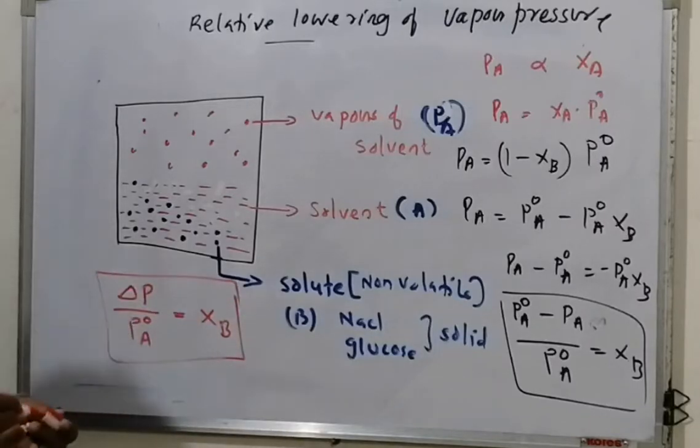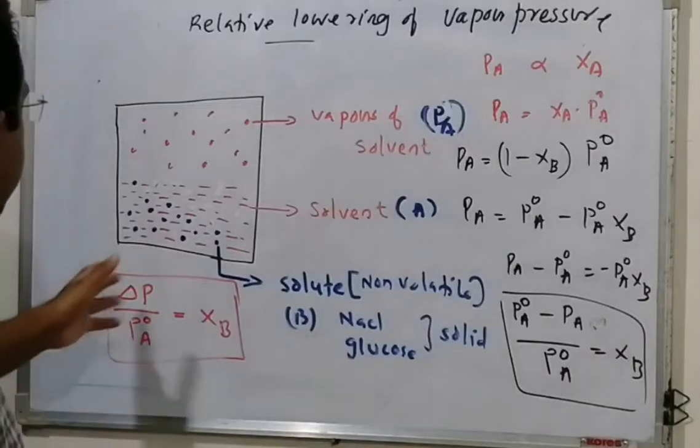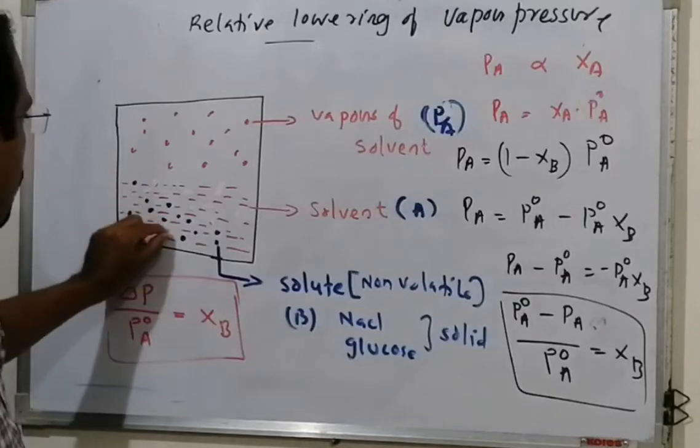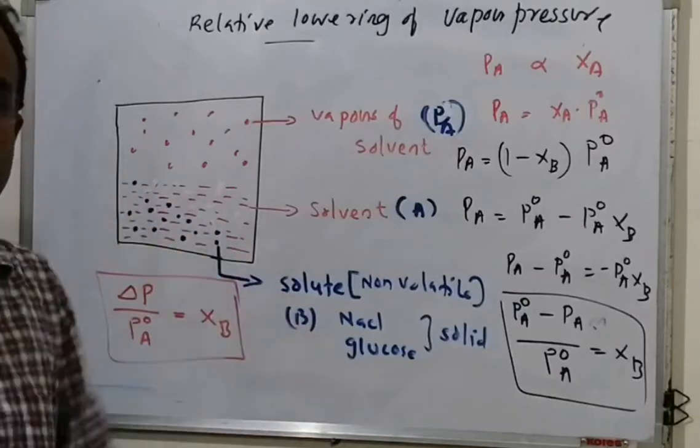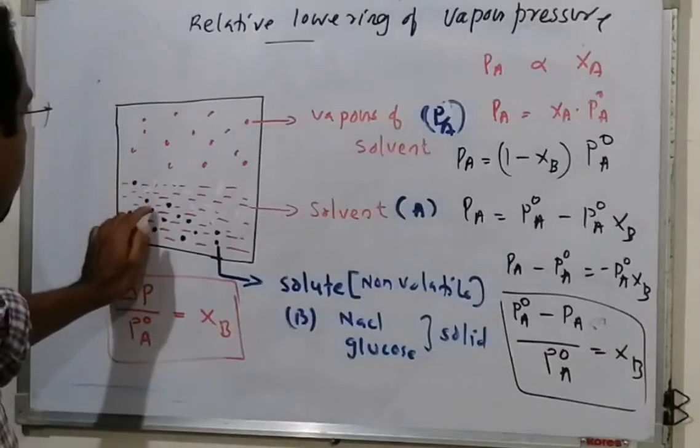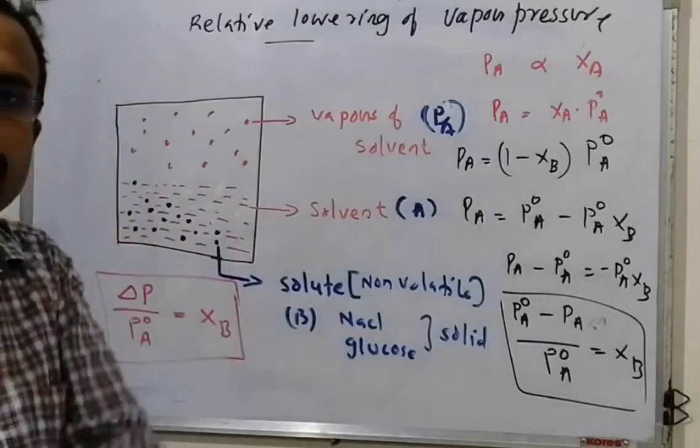What is delta P? Delta P is the decrease in vapor pressure when solute is added. That is called the lowering of vapor pressure. When solute is added, vapor pressure is decreased.